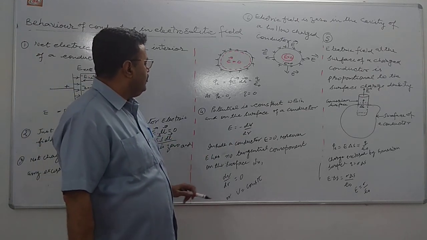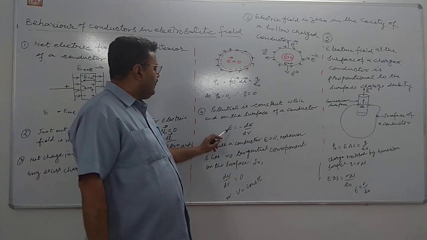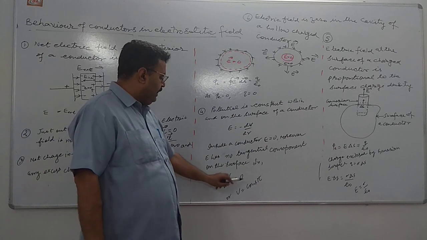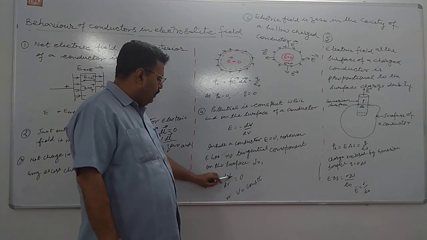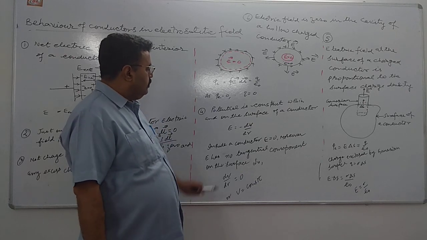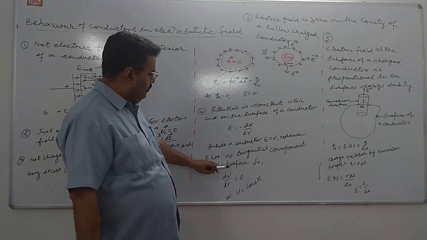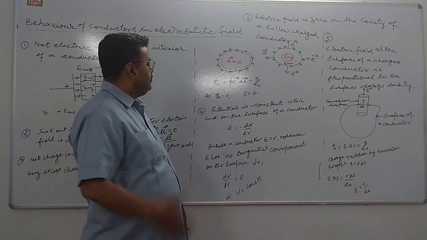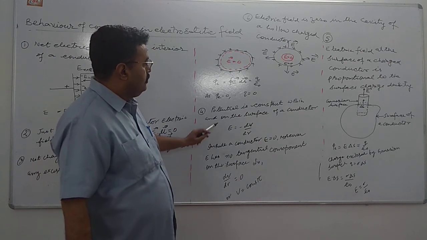From this relation we can say that inside a conductor E equals 0. Therefore dV upon dr equals 0, or the change in potential equals 0, meaning V is constant. So inside a conductor, the electric potential is always constant, inside or at the surface.